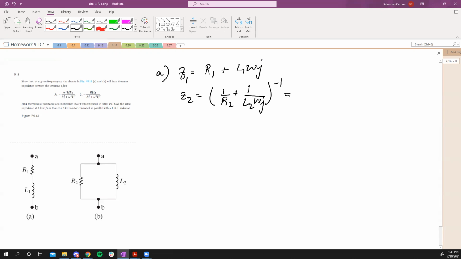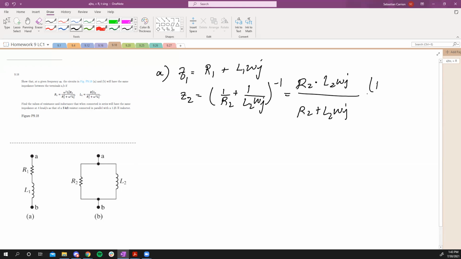So we do the math here, and we get R2 times L2 omega J over R2 plus L2 omega J.